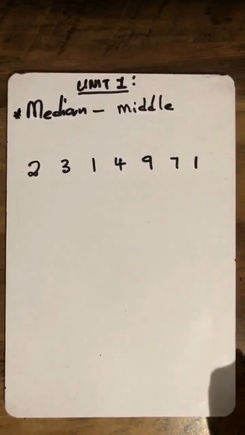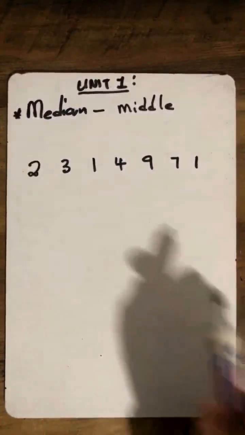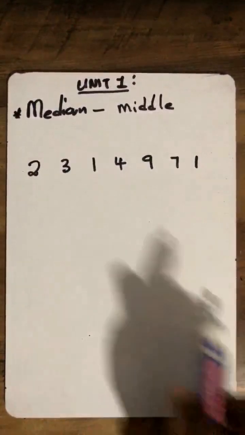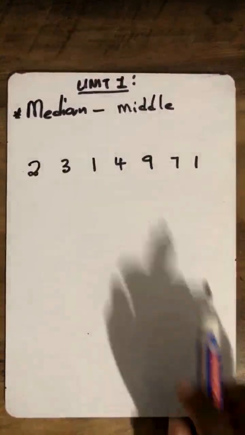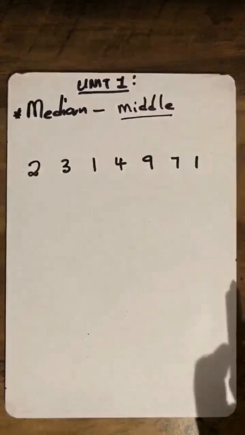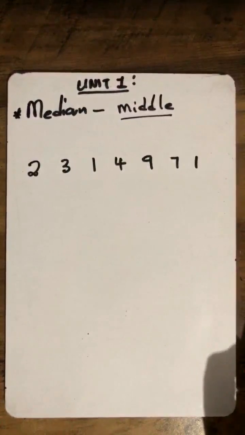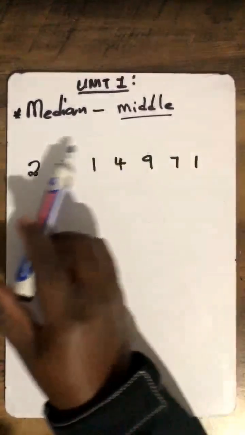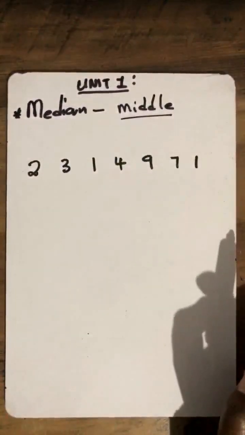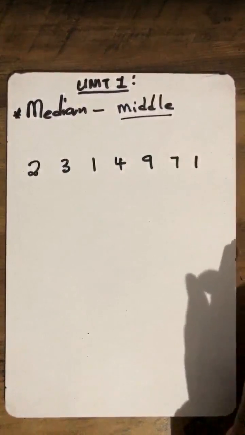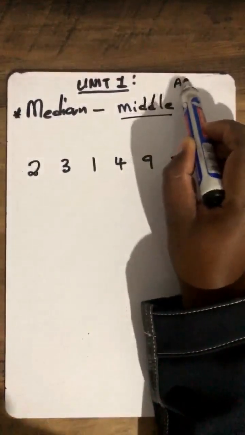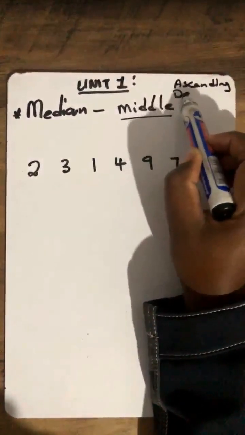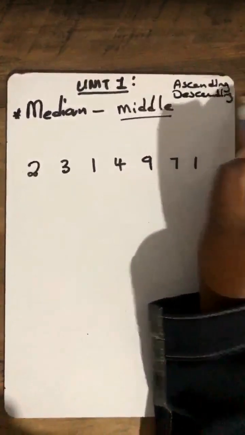Okay, so now when we talk about the median, the honorable members, which could be referred to as the middle value. The median, you find it after rearranging that sample in ascending order. Remember, we've got what we call ascending order and descending order.